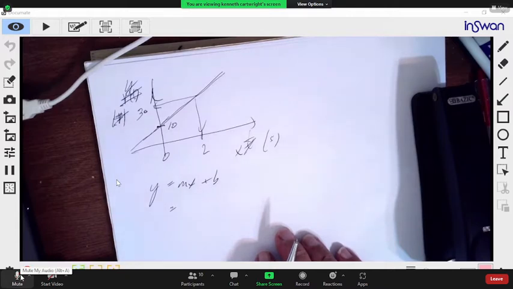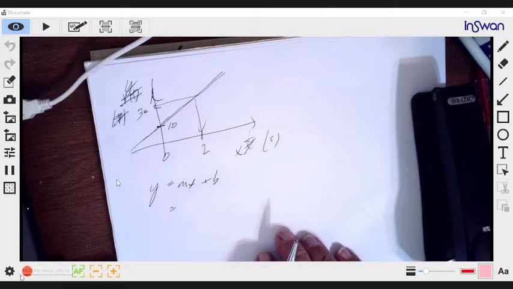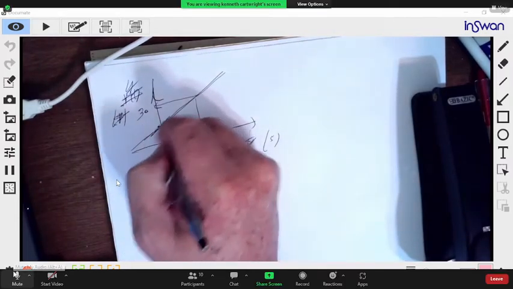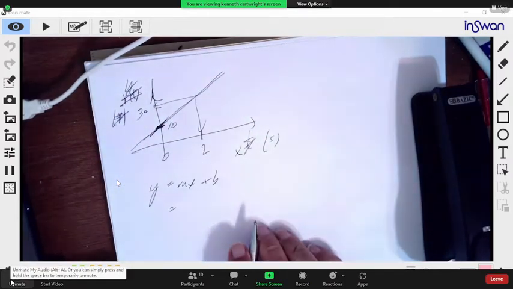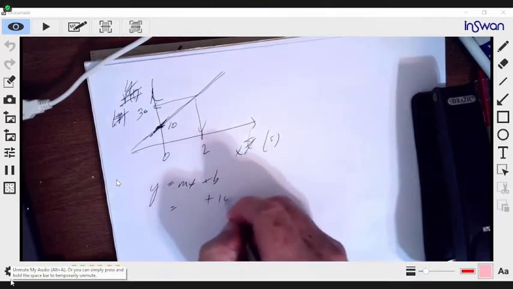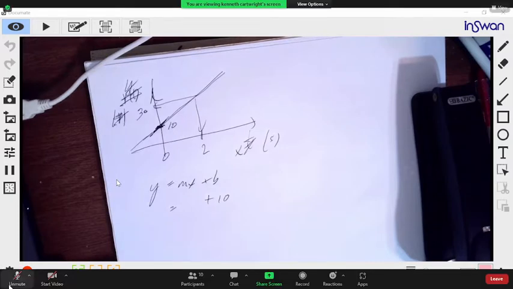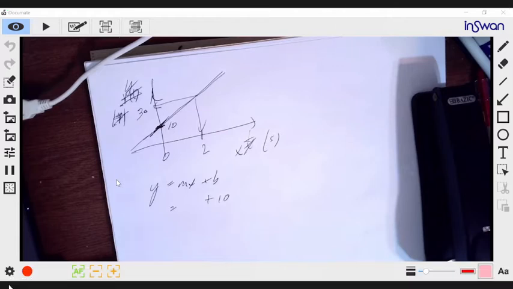What value? 10. Yeah, 10. b is the y-intercept, right there, 10. Okay. What's m? Slope. And how much is the slope? 15. The slope is 15.